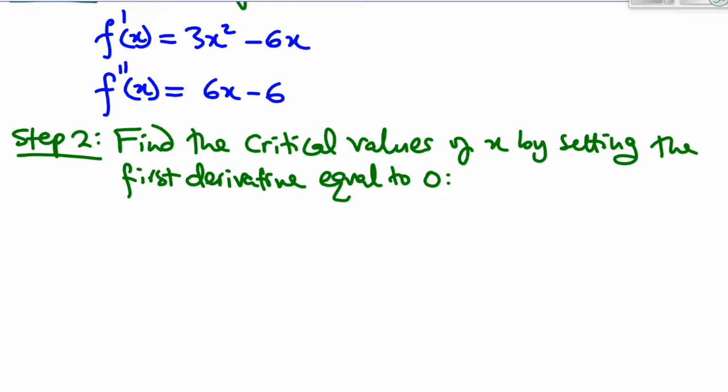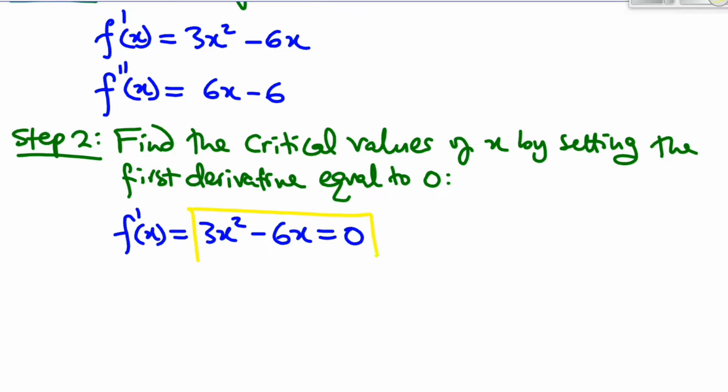So what that means is we need to set the first derivative equal to 0, and our first derivative is 3x squared minus 6x. We equate that to 0, which means we need to solve this equation.